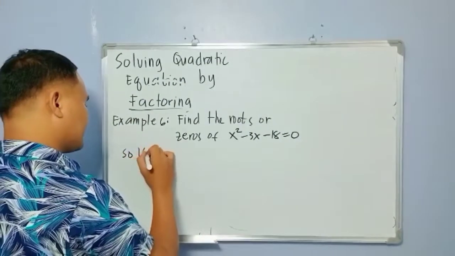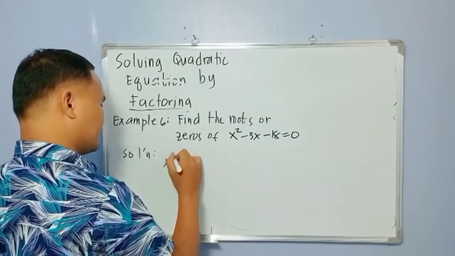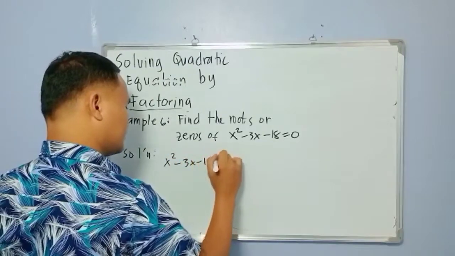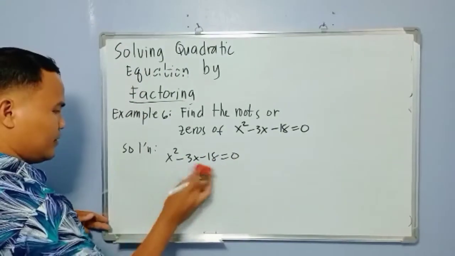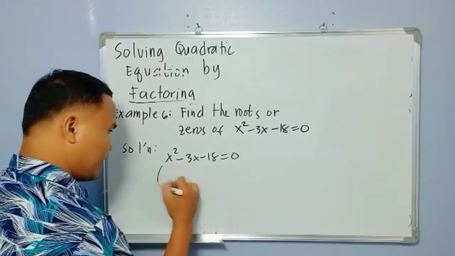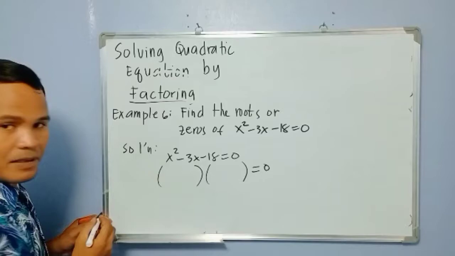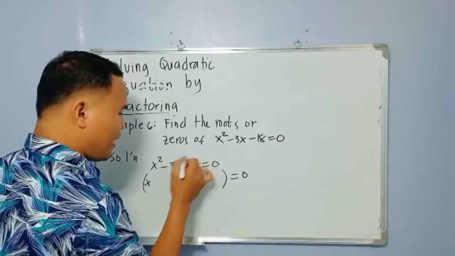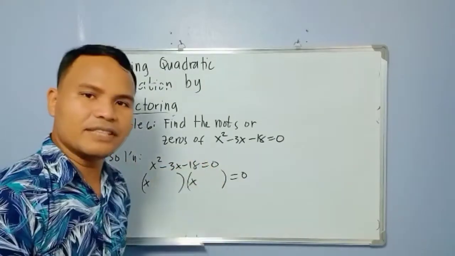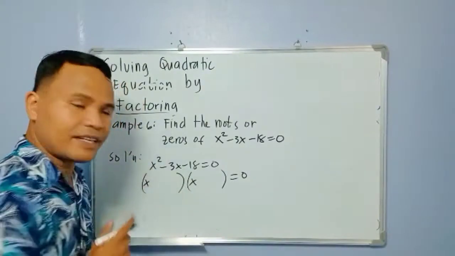Solution. Create two parentheses, equate to 0. Factors of the quadratic term. What are the factors of negative 18 that the sum is negative 3?